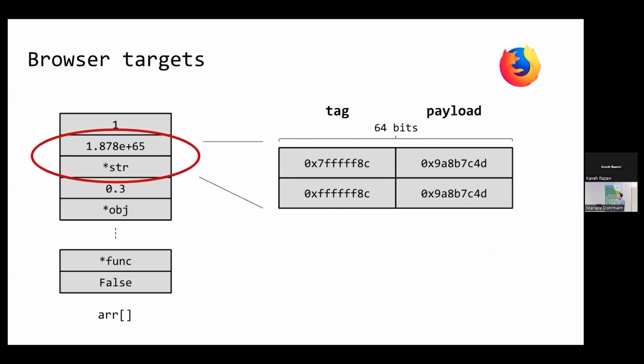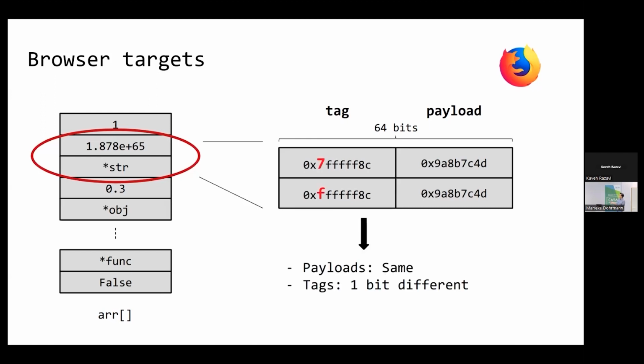Okay. So in this case, we have two different types of objects, right? One is a float and one is a pointer to a string. And in this case, we have created them in a way that the payload is the same, but the tag is exactly 1 bit different, right? So a pointer and a float, their tag is only 1 bit different.